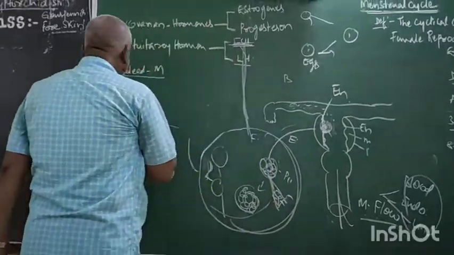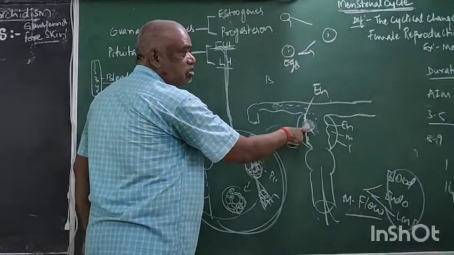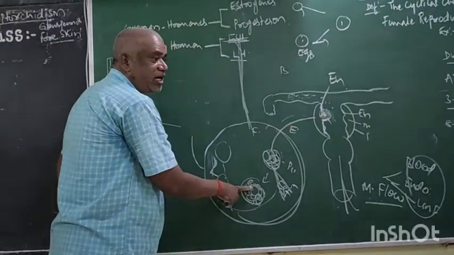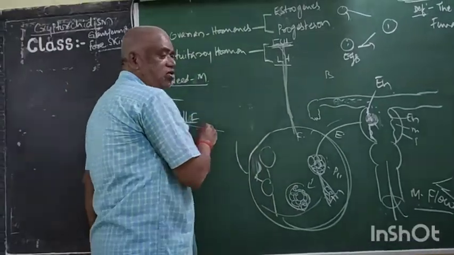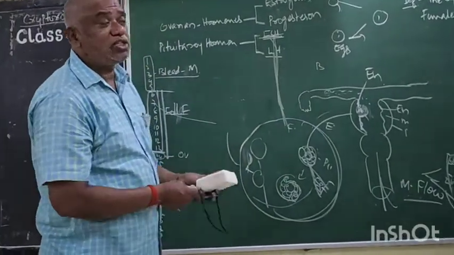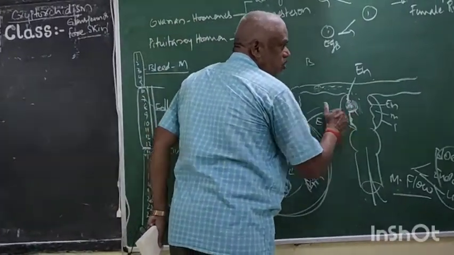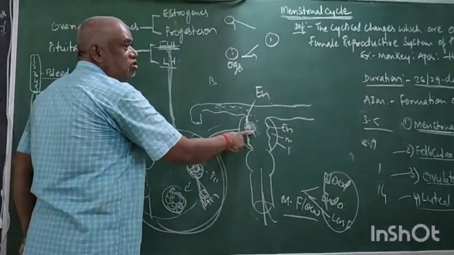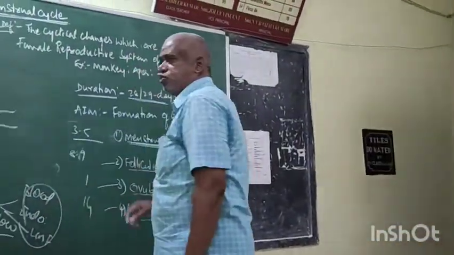That means the estrogen helps in regeneration of the endometrium. Now, what is the second phase? Follicular phase. Here cell division occurs, hence it is proliferative. Now, in this phase, changes occur simultaneously in the ovary and uterus. What are the changes in the uterus during the follicular phase?